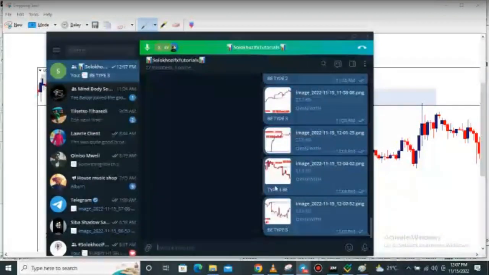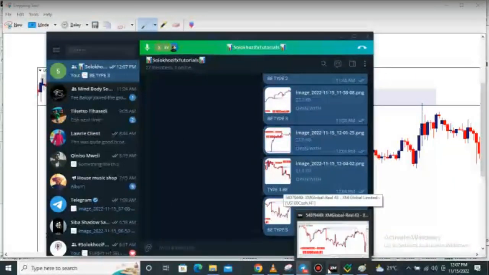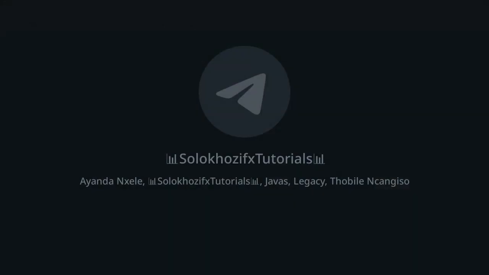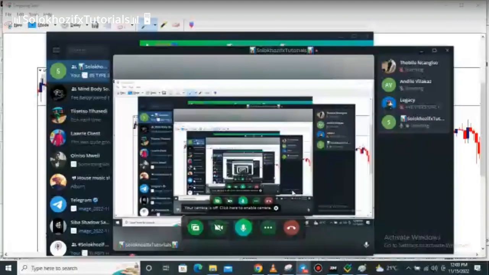Okay, so these are the types of bearish engulfings. As I've said, we look for them around the bases, the supply and demand bases that we studied earlier on this call. You only look for these candlestick patterns around those bases.